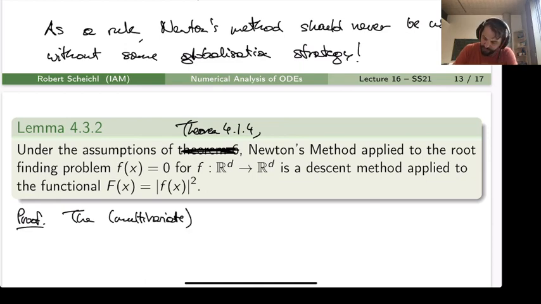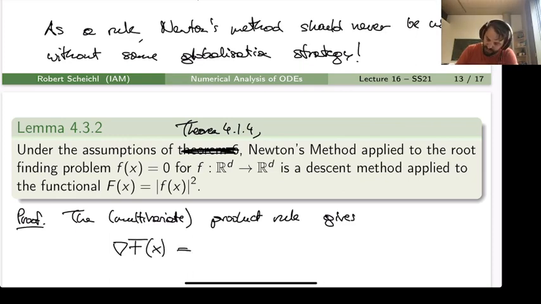So the multivariate product rule applied to capital F gives that the gradient, that is a vector, of F of x is nothing else than 2 times the little f of x transposed times the derivative grad f of x.